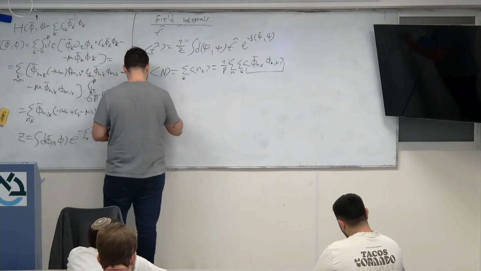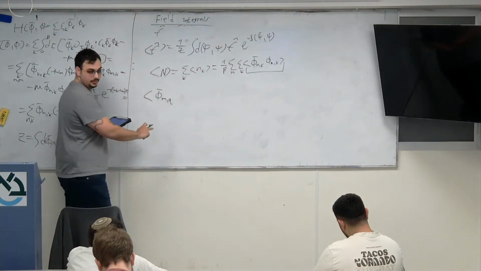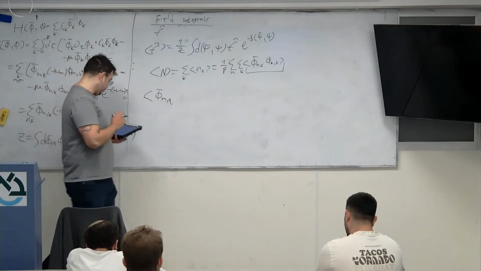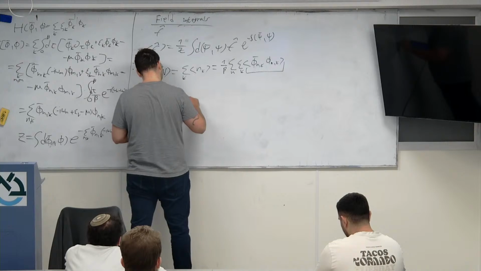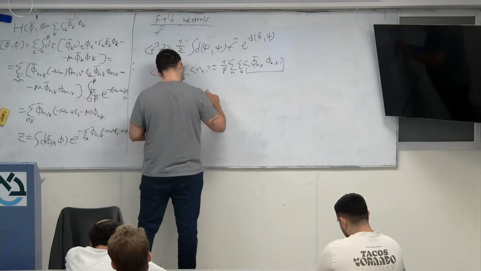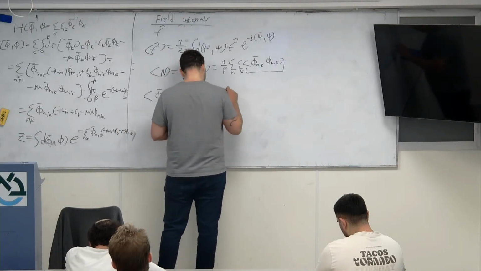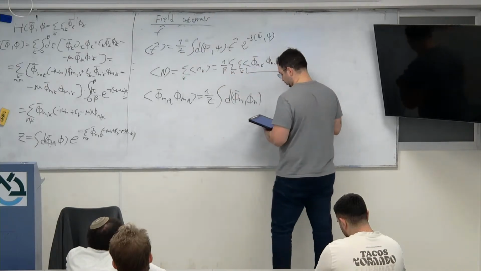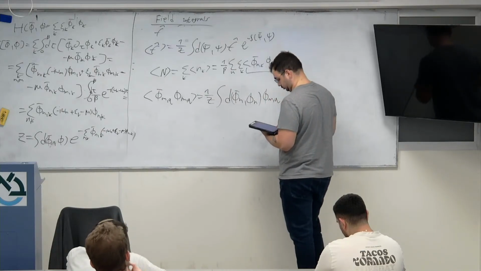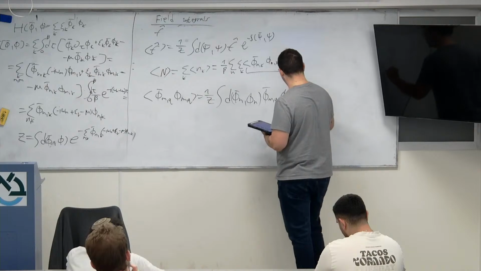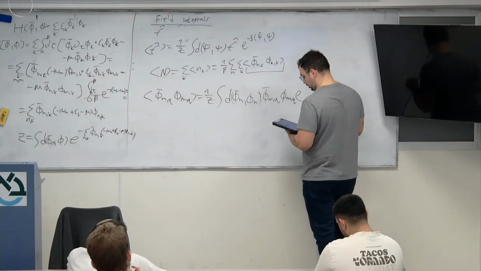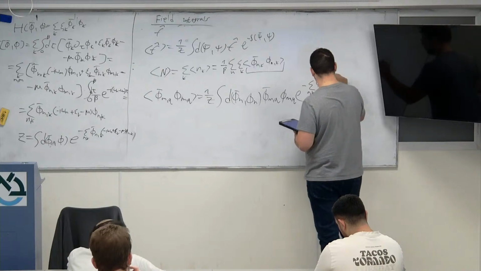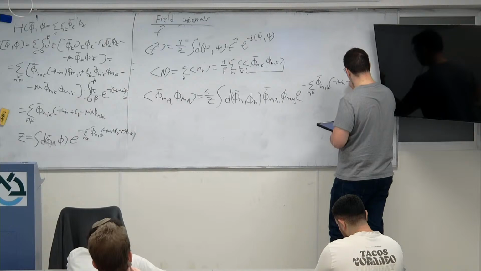I'm changing the indexes here to n and q because in the exponent we have an n and k already. The integral is of e to the minus omega of phi, conjugate.